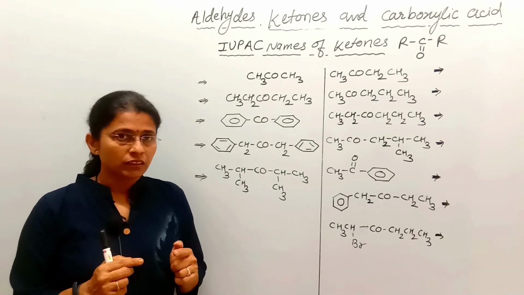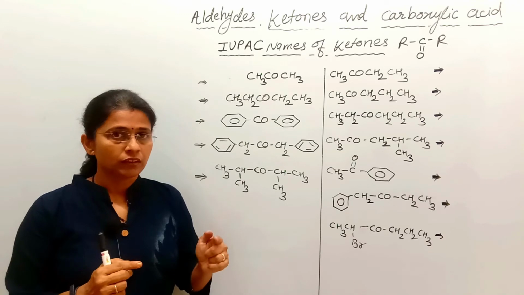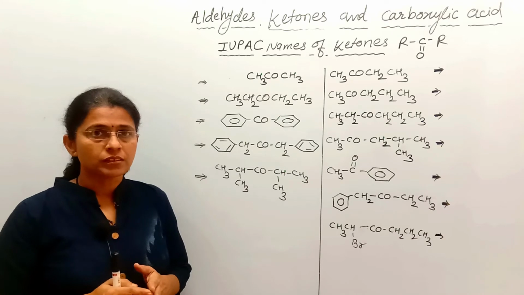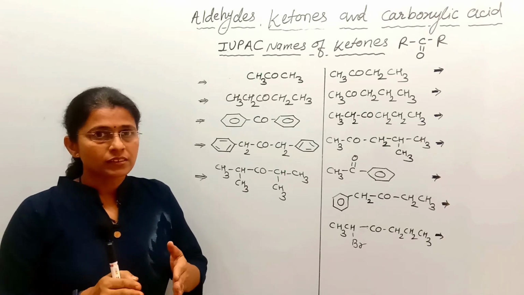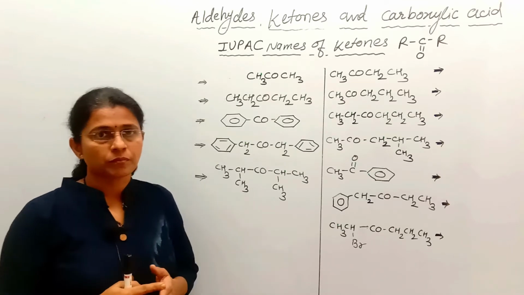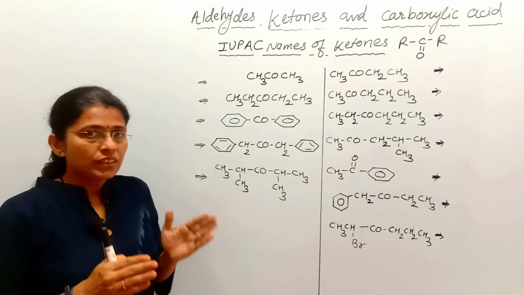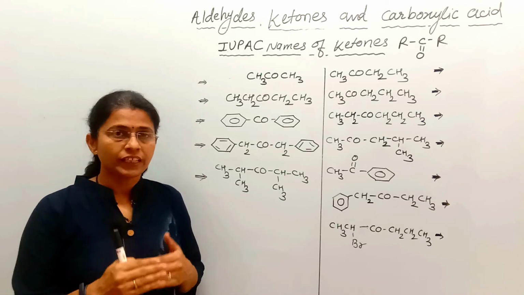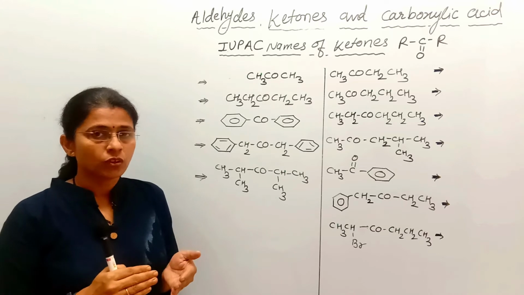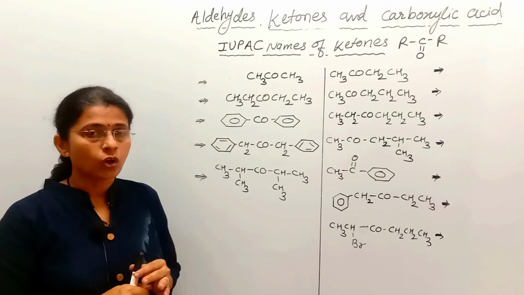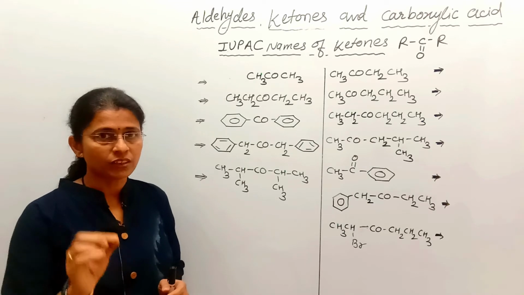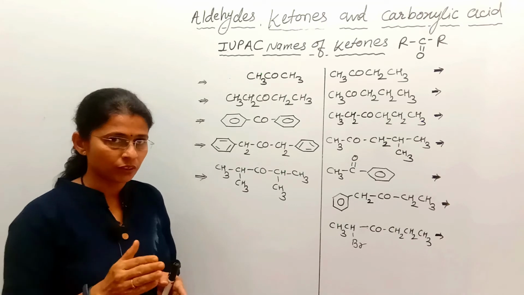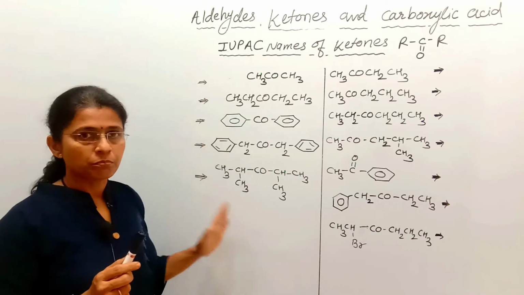From the parent alkane, the E from the spelling is replaced by ONE, which means ketones are named as alkanones. Now, if there are any substituents, then the substituents are arranged in alphabetical order and written along with their positions, that is locants. So all these rules we will study one by one when we name these compounds.